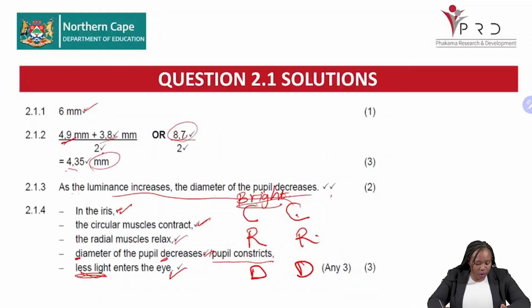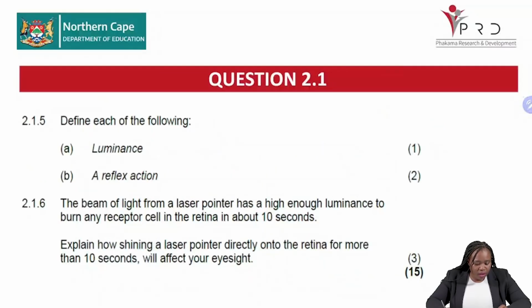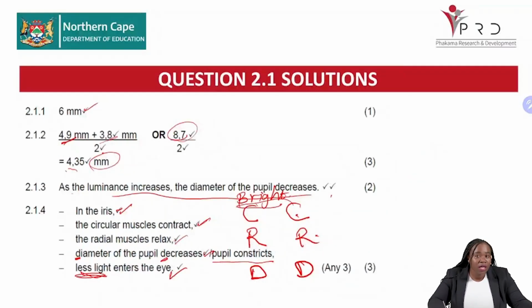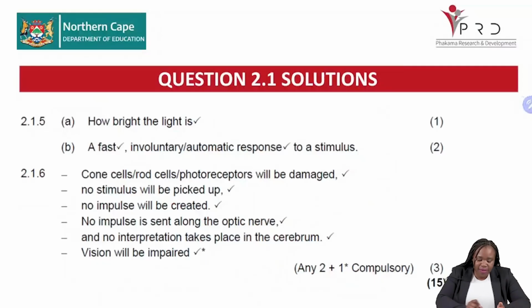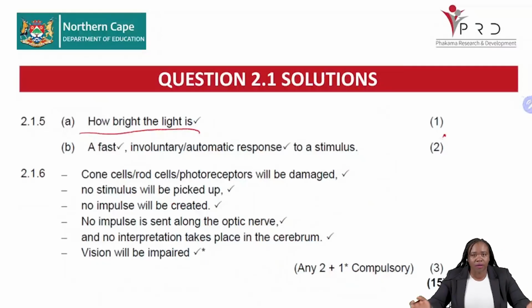Right, 2.1.5, it says define each of the following: luminescence and reflex action. I think for part A, that is just a free mark, because we've already been given the description of luminescence. We know that this is how bright light is. Simple as that. And then you get your mark, right?